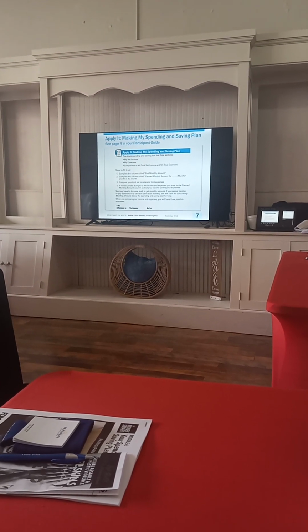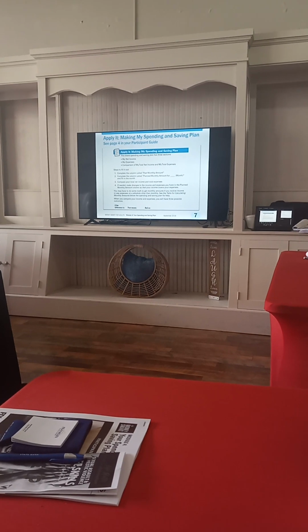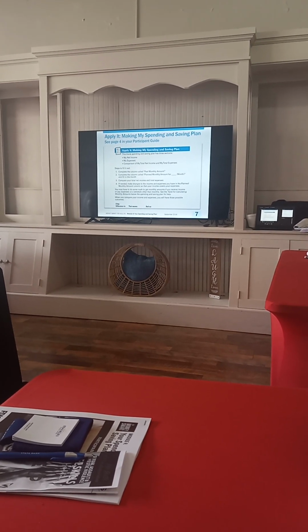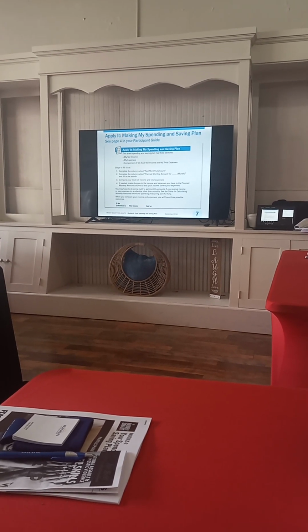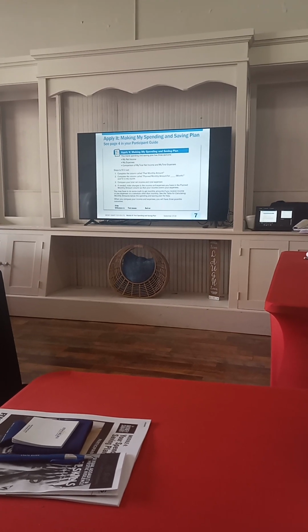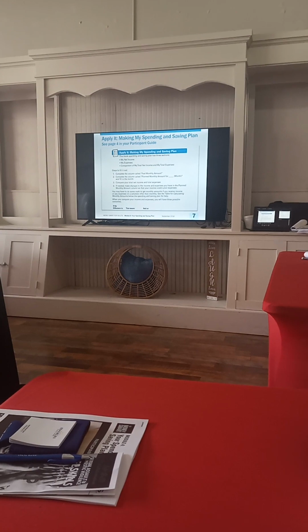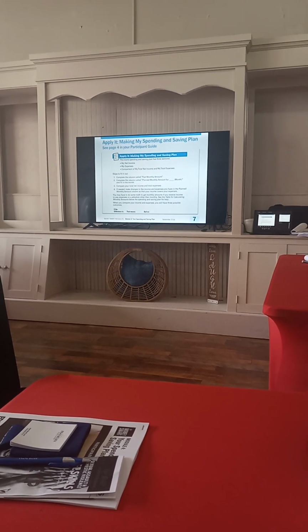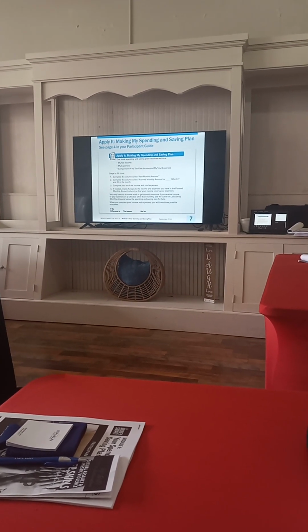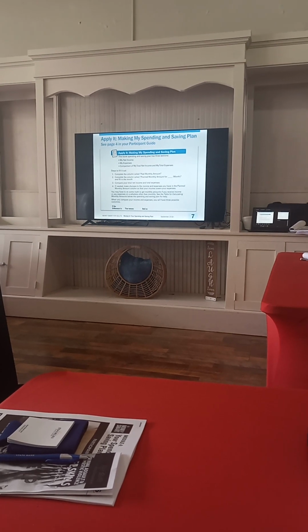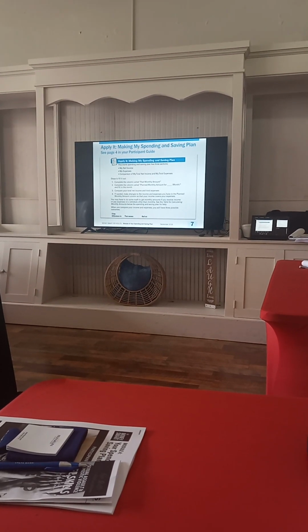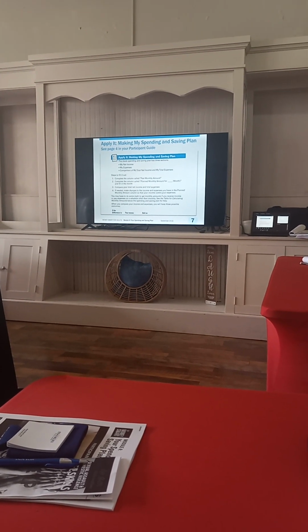Once we do that, we need to compare our total net income versus our total expenses. Is it positive or negative? You might have to convert some amounts to monthly if you receive income or pay expenses on a schedule other than monthly. Like if you pay your homeowner's insurance quarterly, take that last quarterly bill and divide by 3; yearly, divide by 12.